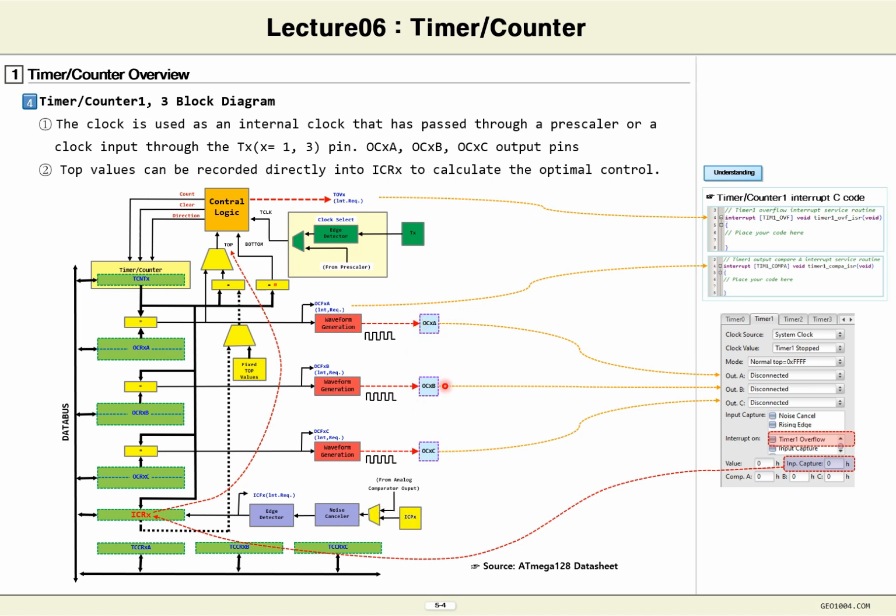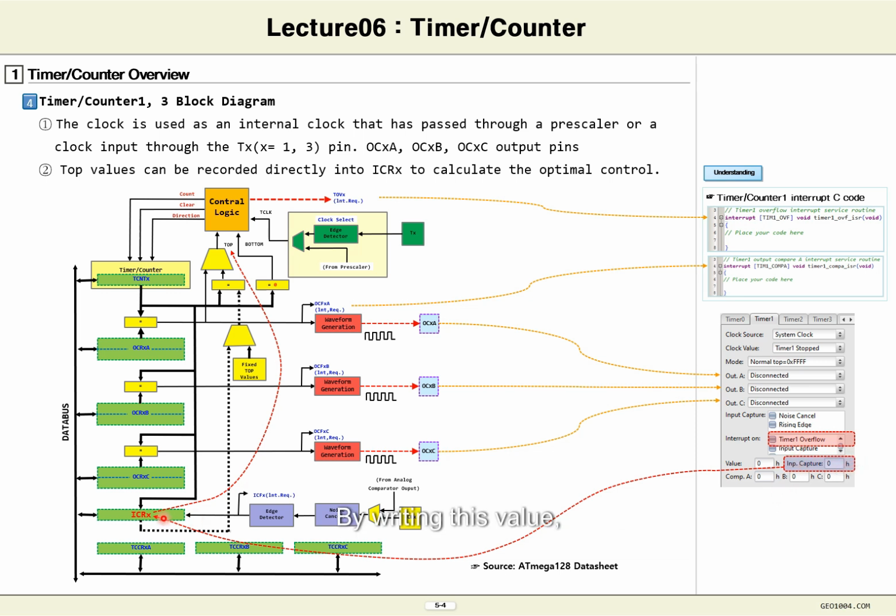OCR, A, B, and C are output. As you can see, we set the mode and output ABC according to the output mode determined in the mode. And most importantly, as you can see, the ICR register for the optimal hardware directly here in the input capture.